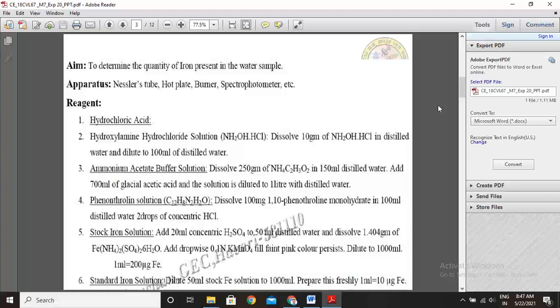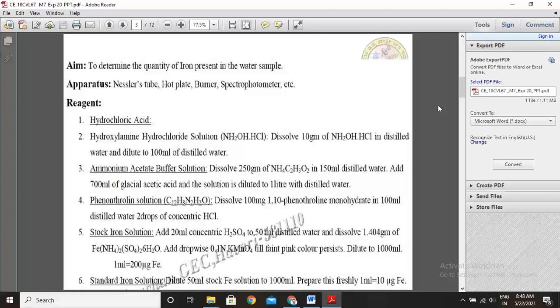Let us see which apparatus are required specifically for this experiment: Nessler tubes, hot plate, burner, spectrophotometer, weighing balance, etc.